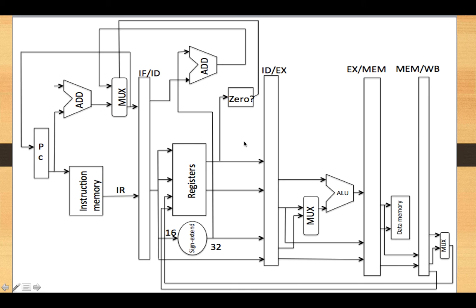From the sign extend value, the registers will act as decoding the instructions in order to execute the required operation. From there we move on to the ALU. The ALU performs the dot product that is required by us.